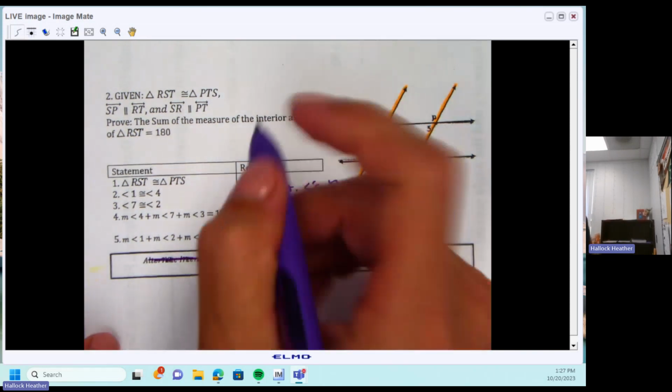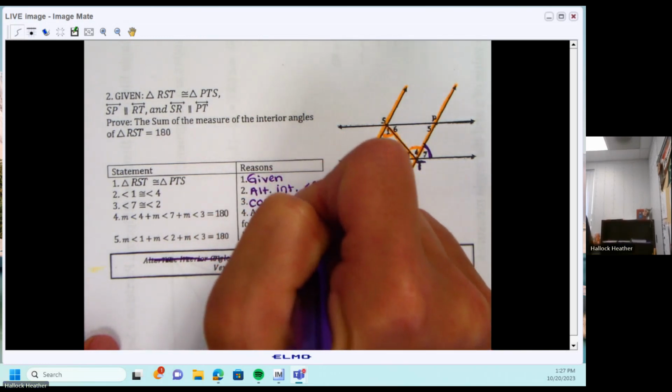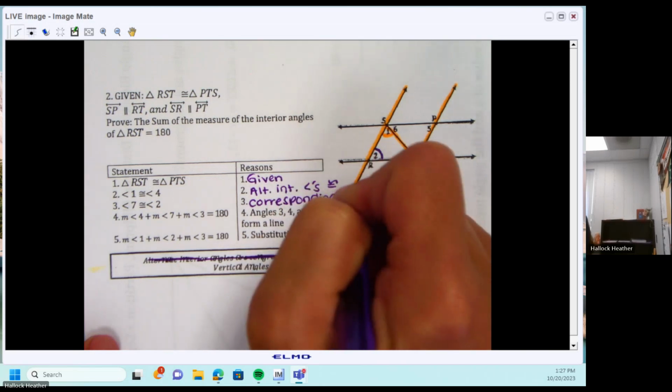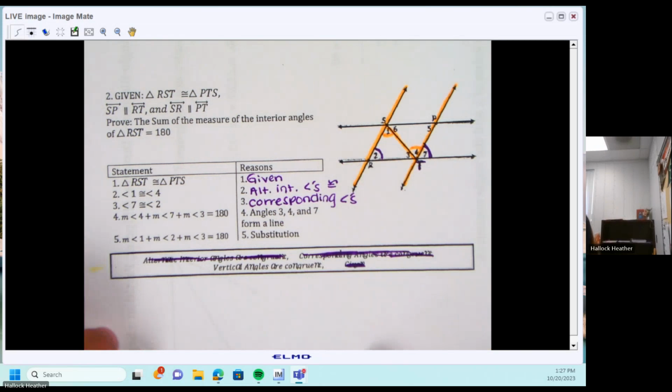So those are corresponding angles. And then this one gave you an extra option because sometimes they'll just give you extra options that you don't have to actually use. Okay, so sometimes you have extra information you have to disregard.